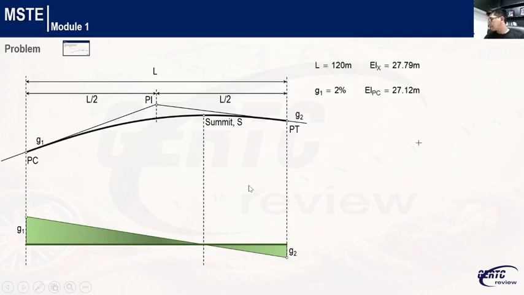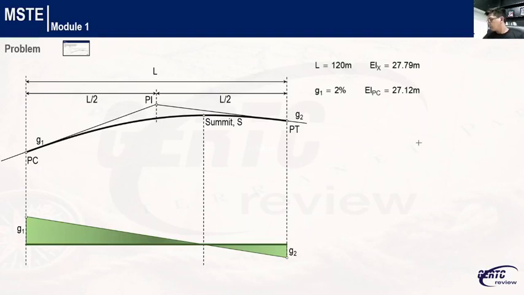I-plot lang natin. Now, notice that when the grade is 0, that will correspond sa curve natin sa summit, no? Or the peak point. Because katulad sa maxima, minima, no? At peak point of the curve, the grade there is 0. Okay?